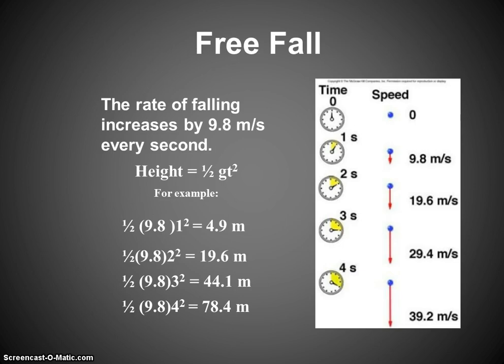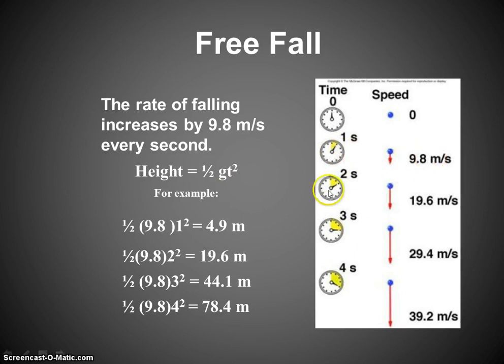So talking about free fall again. The acceleration due to gravity for every second that you fall, as long as there is no resistance, then you accelerate at 9.8 meters per second squared. So after falling for 1 second, you will be going 9.8 meters per second.